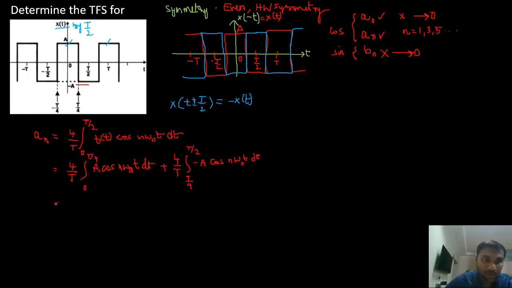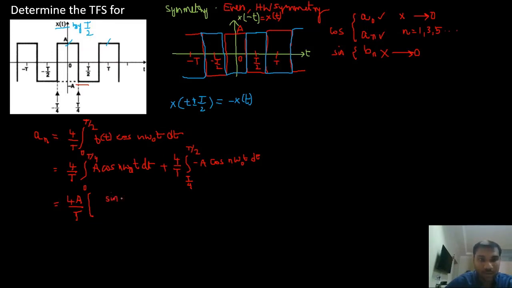So let us simplify this. 4A by T, I'll take it common. What is the integration of cos n omega naught t? Integration of cos is sine.